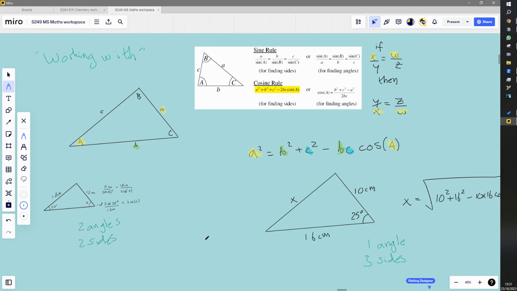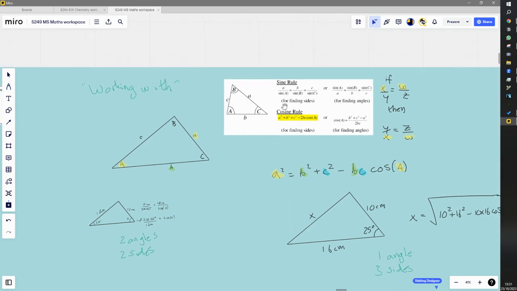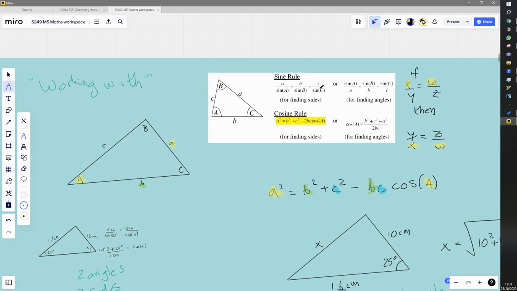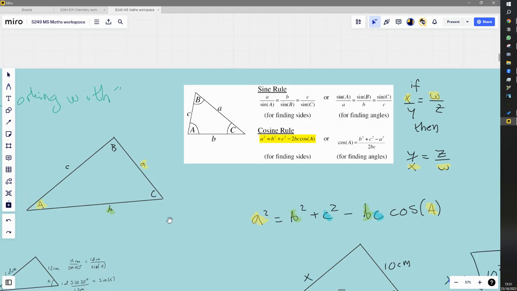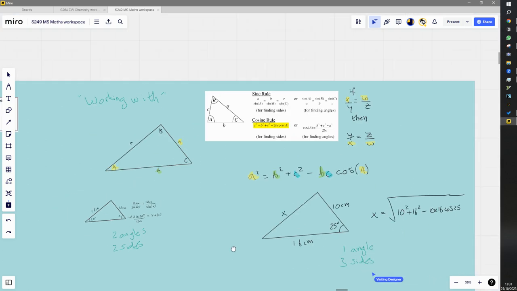The sine rule, I know it looks like it contains all three angles and all three sides, but all that's trying to say is that we can draw a box around a part and make the equation with just one equal sign, and that could be an equation, or this could be an equation, or if you want, you could imagine this one next to that one, and that would be an equation. Anyway, that one's only going to have two angles and two sides, and so that's how we know to use the sine rule.